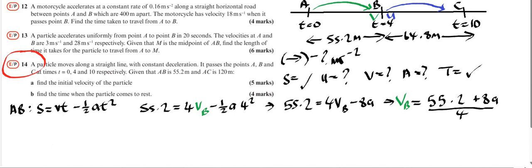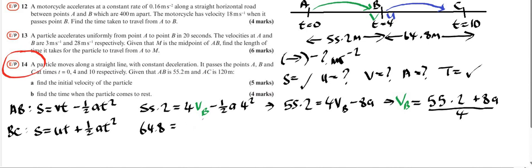Now the second part. For BC, I want to use s equals ut plus half at squared, because I'm looking at the initial velocity, and I'm going to use the final velocity at B as my initial velocity. My distance is 64.8.